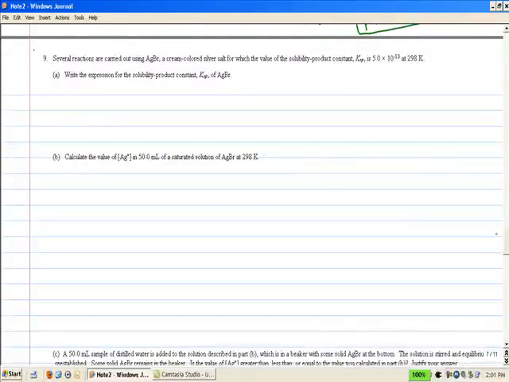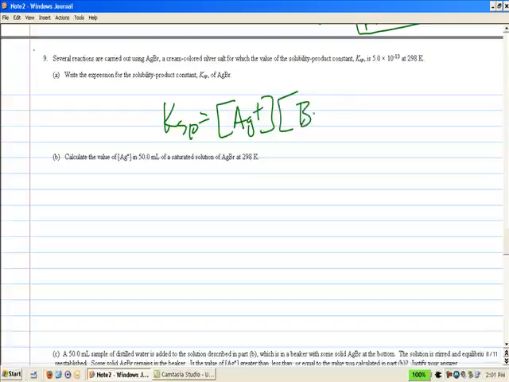Okay, and then our last one, number 9. This is dealing with Ksp, so quite a jump from acids and bases. So we're going to have the Ksp is equal to the concentration of Ag plus times the concentration of Br minus. B, calculate the value of Ag plus in 50 milliliters of a saturated solution.